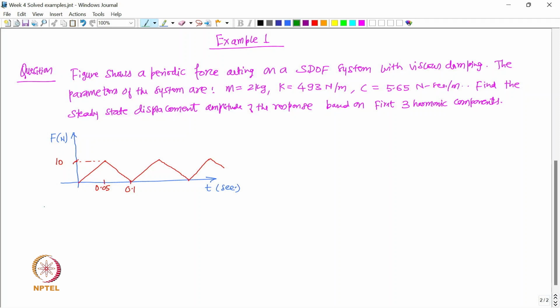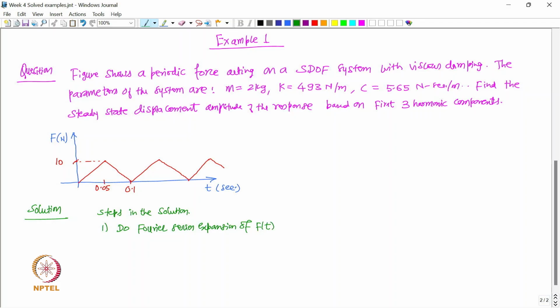So, let us start with the solution. As I explained, our strategy will be to use Fourier series expansion. So, let me formally write down the steps in the solution. The first step will be to do Fourier series expansion of f of t.